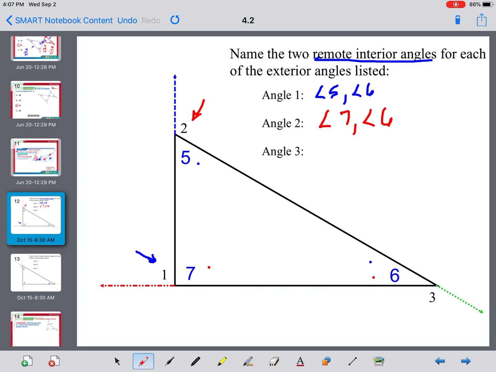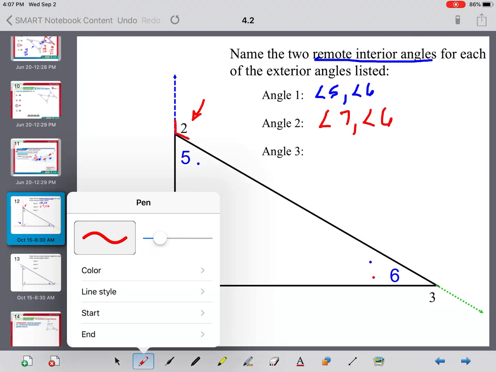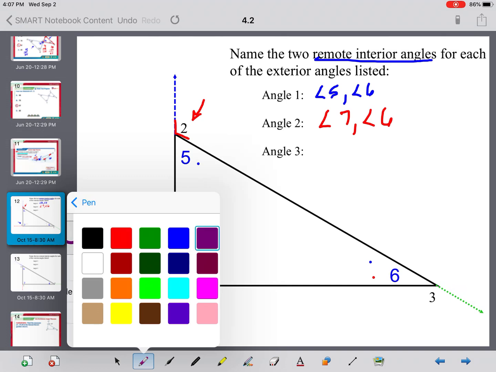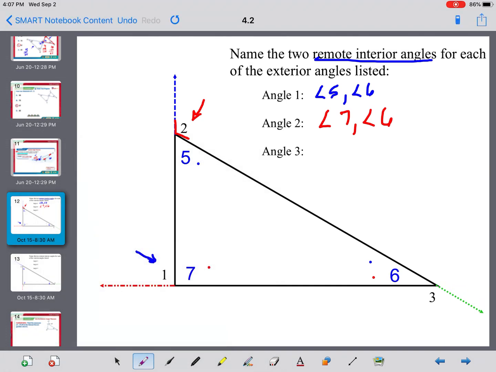For angle 2, you're looking at this angle. Who's remote interior to angle 2? 7 and 6. Those are the ones that do not touch angle 2, right? And then finally, angle 3, which is this exterior angle here. Who are the remote interiors? 5 and 7.